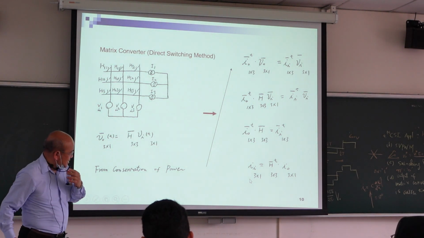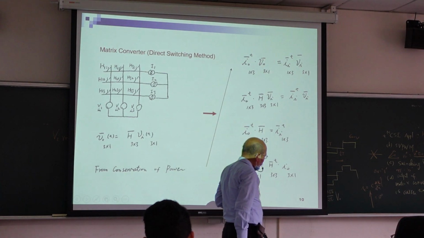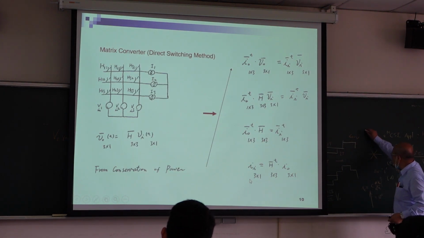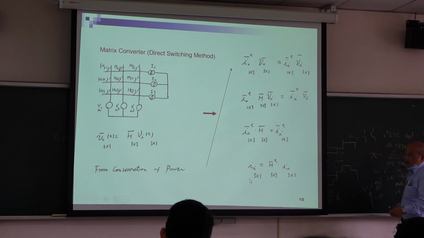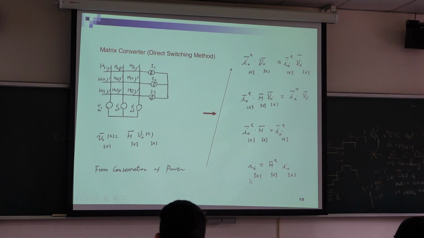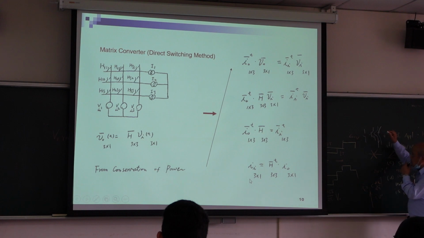Can you use a transistor to replace the AC switch? If you use a transistor, the current is going this way. Do you think this is an AC switch or a DC switch? DC. You cannot go back. So you cannot use a transistor.